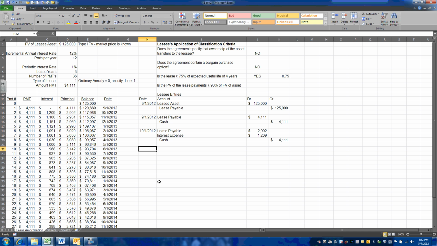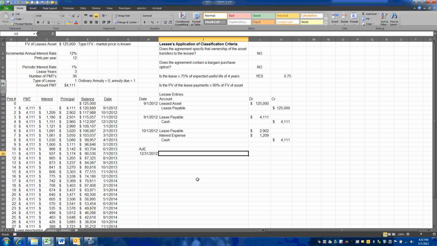So if we have a fiscal year ending, which we do in this case, we're going to have to recognize the interest expense for the period of December 1st to December 31st in an adjusting journal entry. We signify these adjusting journal entries by AJE, and we're going to make these on December 31st, 2012.